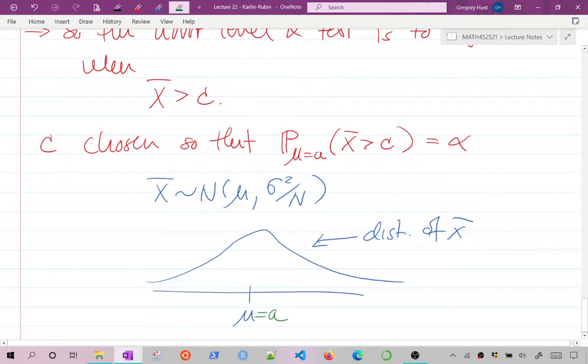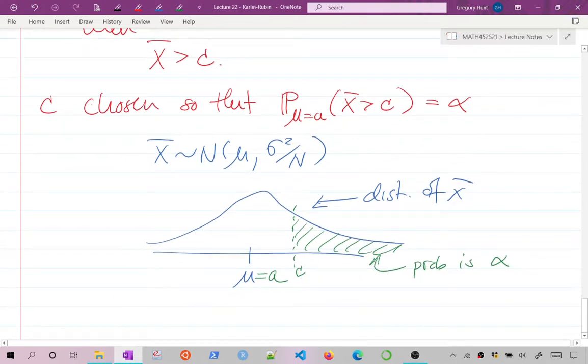So basically I want to choose my c here so that this probability is alpha, right? So it starts to feel a lot like an intro stats problem where we say, I want to choose my cutoff value here. I want to find the value so that when mu is a, the probability of x bar being beyond c is alpha.